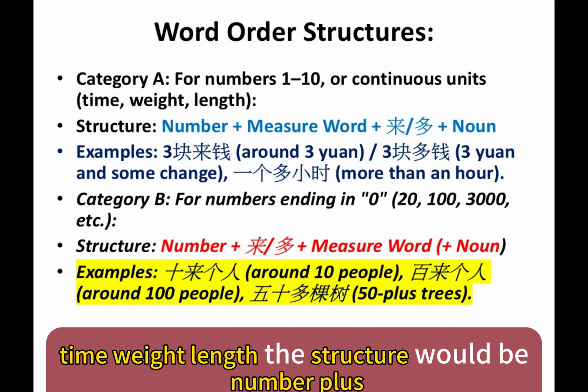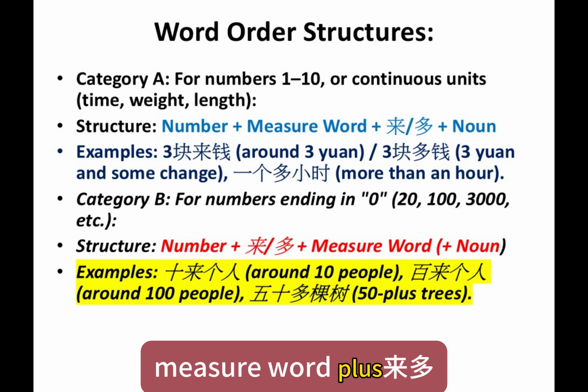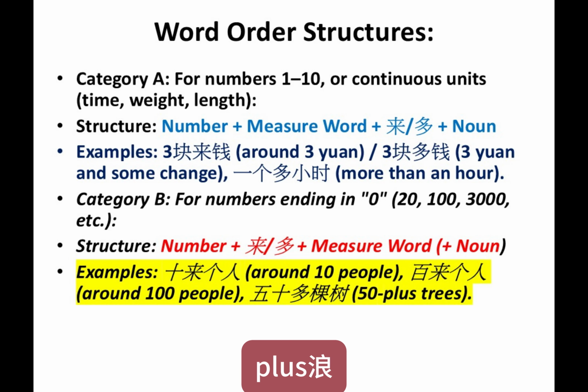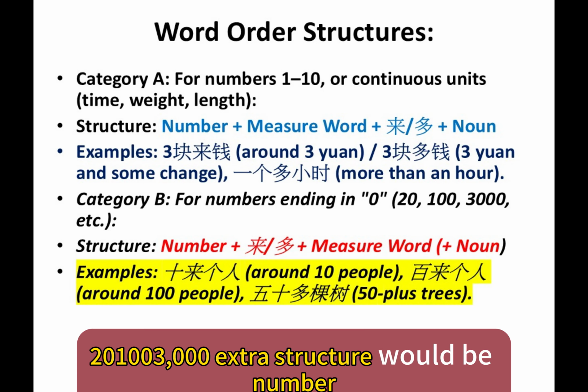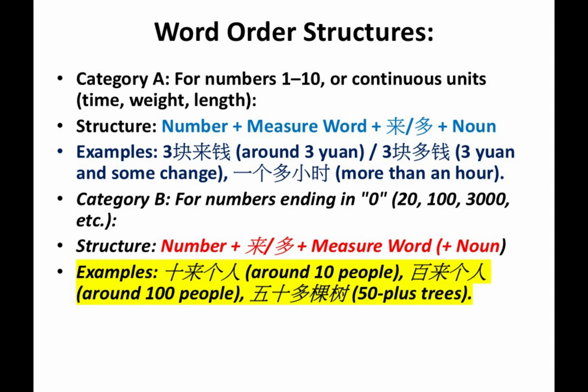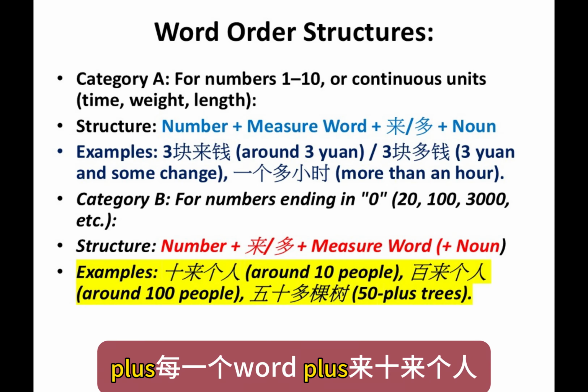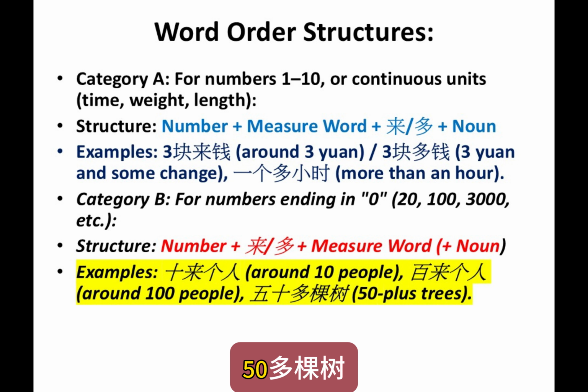Category A: the structure would be number plus measure word plus 来/多 plus noun, like 3块来钱, 3块多钱, 1个多小时. Category B, for numbers ending in 0, like 20, 100, 3000: the structure would be number plus 来/多 plus measure word plus noun, like 10来个人, 100来个人, 50多棵树.